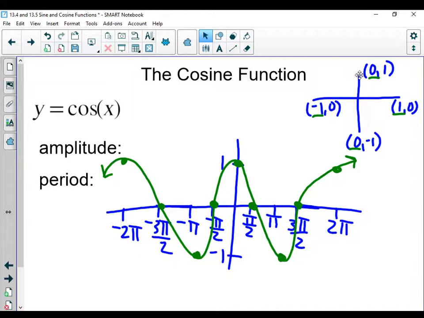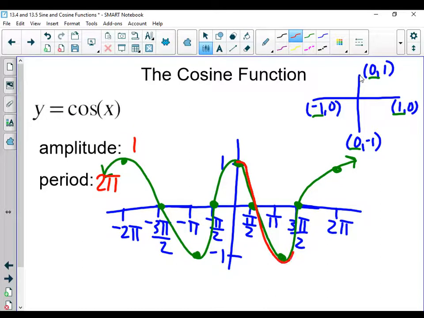Your amplitude is still 1, and the period of your function is still 2 pi, sorry. Because I can still take this amount right here, and if it was actually drawn to scale, I would be able to pick that piece up and move it, and I'd get the rest of the graph. Okay, so that's all the same. The process was still the same, figuring that out, except instead of looking at our y values, we looked at our x values.